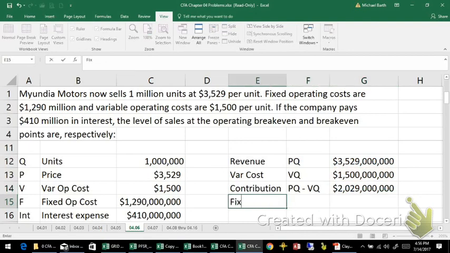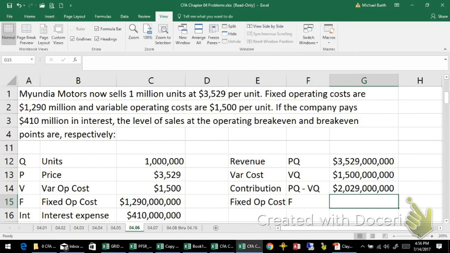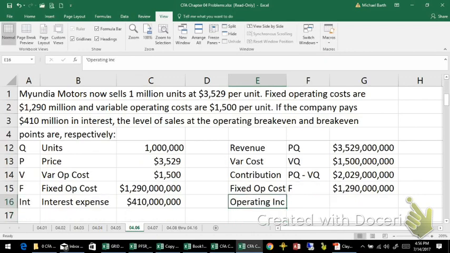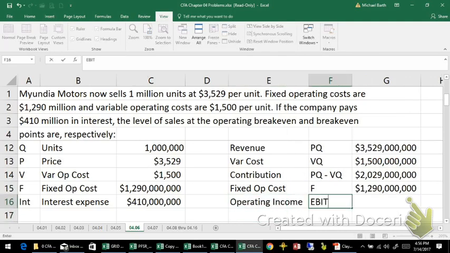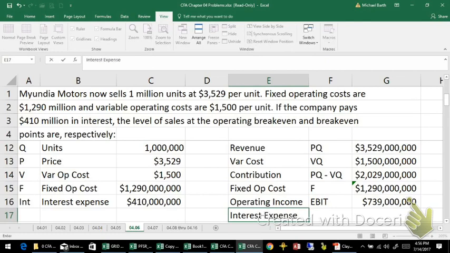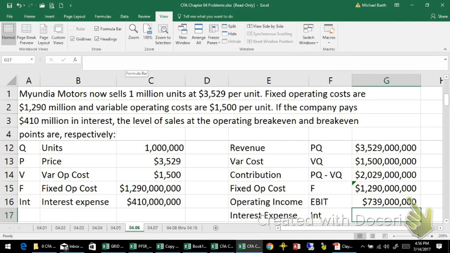The fixed operating cost, the F, 1,290,000,000, so that'd be the operating income, which I'm going to call EBIT, earnings before interest and taxes, would be 739, and then the interest expense, equal to 410.